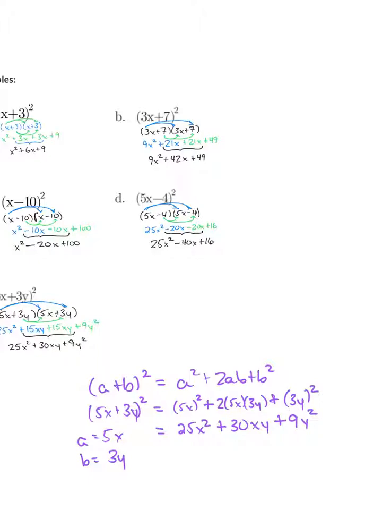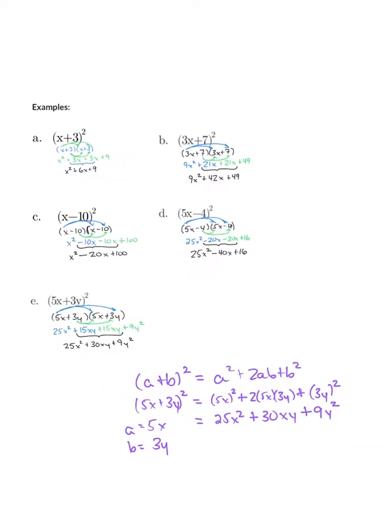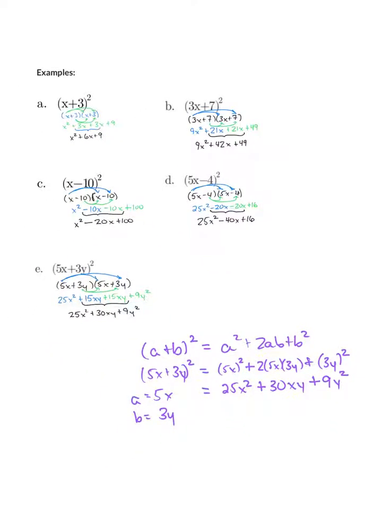Note that we do get the same answer. So that's how you would use the formula on these. We will see some formulas later this semester when we talk about factoring, and we'll be doing the exact opposite of this, breaking it down into its individual factors.